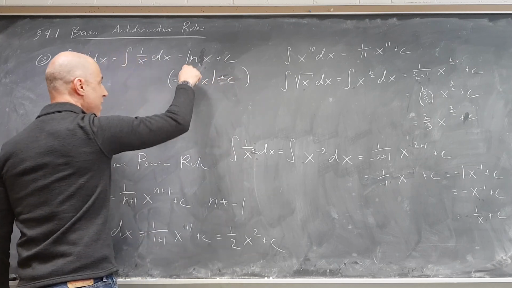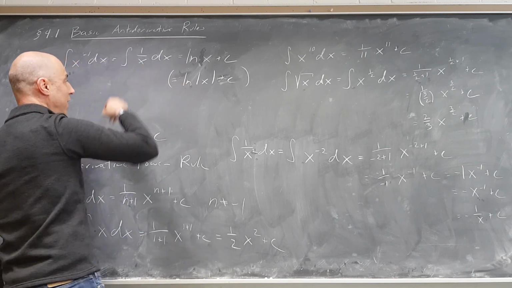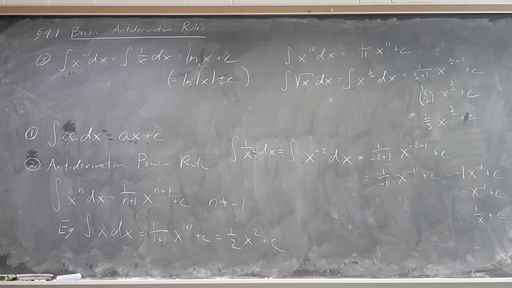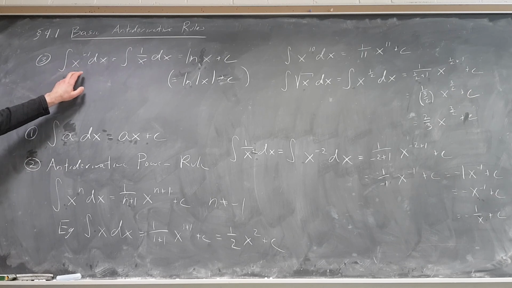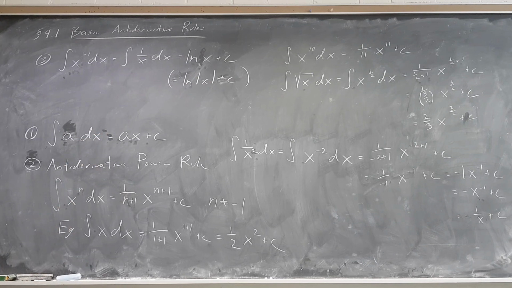I'm not saying that and that are the same because they're not, but this is actually in some sense a better antiderivative of that than this is, for reasons which we can talk about next semester if you happen to be in calculus 2. So we have the antiderivative of a constant, the antiderivative power rule, and the one power that you can't use the antiderivative power rule on, 1 over x, in other words, x to the minus 1. We can work out the antiderivatives of each of those.